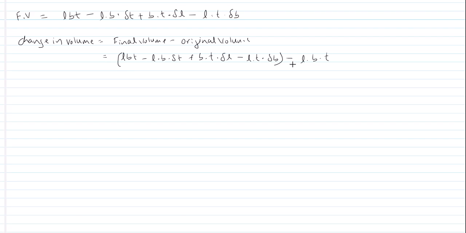So in this, it will be cancelled. The terms which remain, if I write them, are BT times delta L minus LB times delta T minus LT times delta B. So now this is the change in volume.